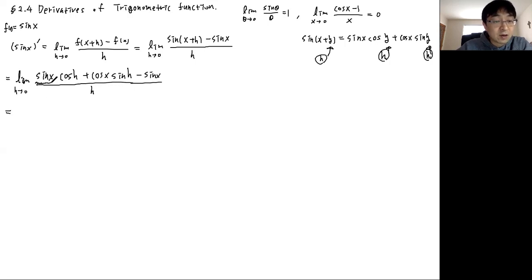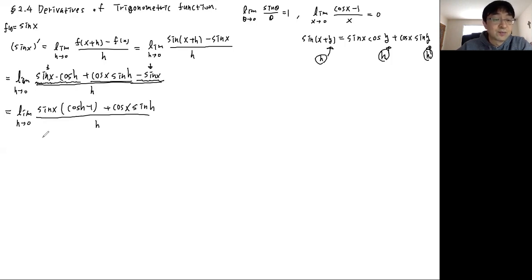Sine of x times cosine of h minus sine of x. You just factor out the common factor sine of x. So we have sine of x times cosine of h minus 1. The remaining part is plus cosine of x times sine of h.